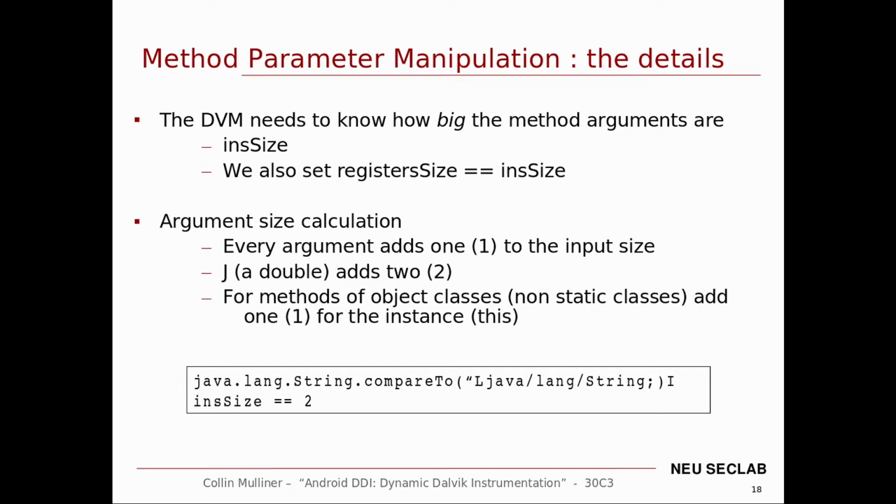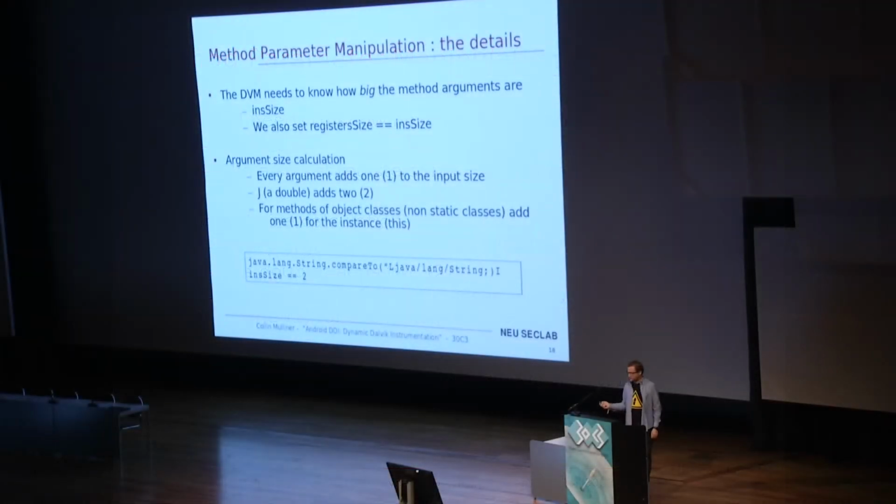This is pretty well documented in the VM. For example, this method has an int size of 2 because it takes one object as a parameter, and of course it's not a static method, so it also has this value, or like an instance parameter.